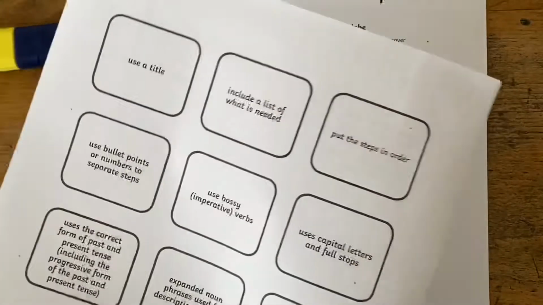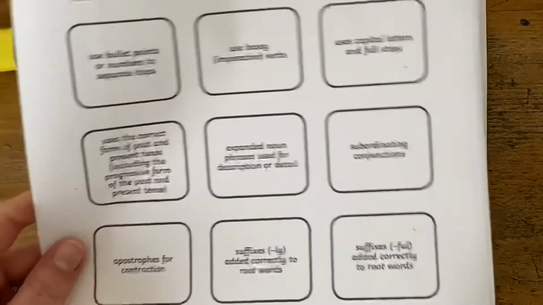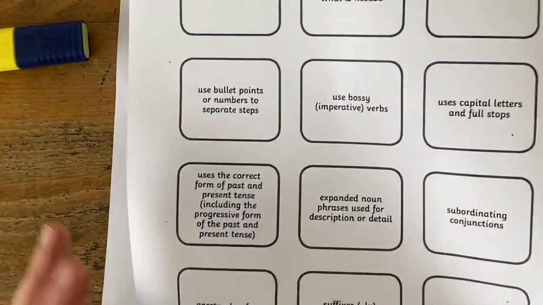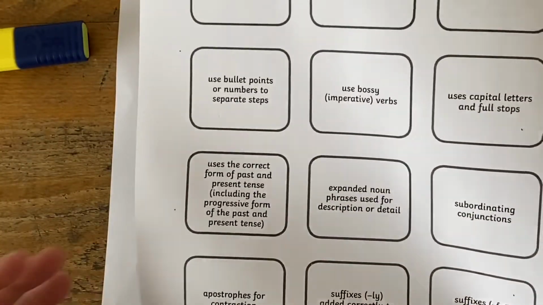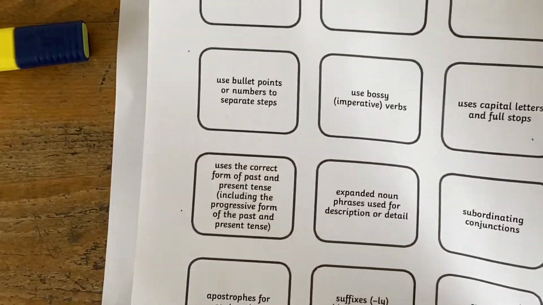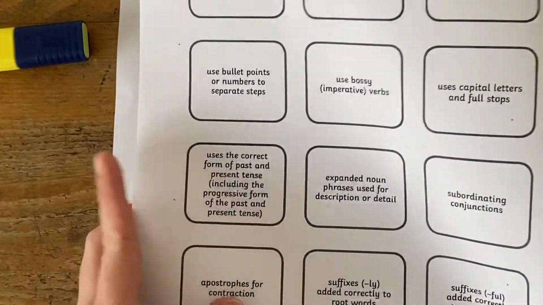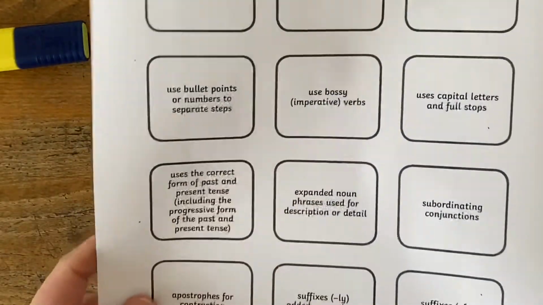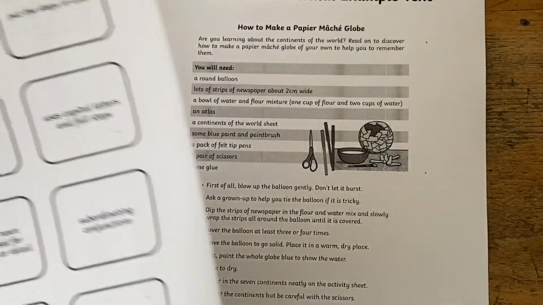I've also printed out a copy of these word cards. Now, you don't have to print these out. You could have these up on a screen, or you could look at them or use this video to help you. These include lots of different features that are in an information text, such as instructions.